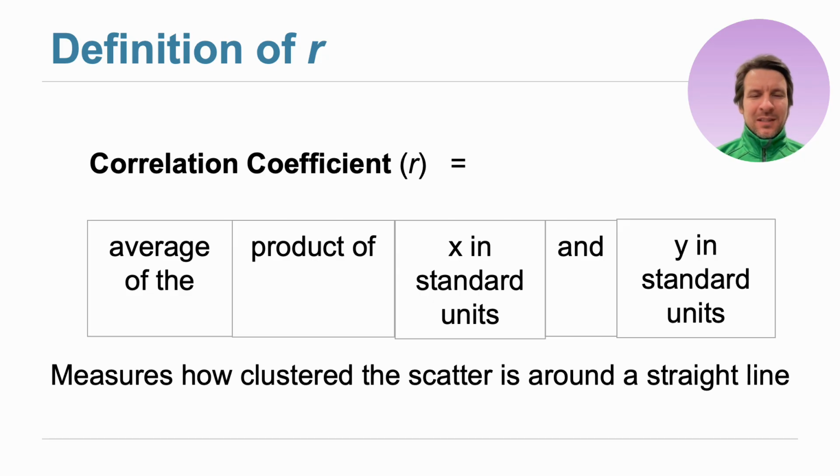Because the denominator there has a division by n, and here you take the average of the product, you also divide by n, and the n's cancel. So anyway, you can also think of the correlation coefficient as the average of the product of x in standard units and y in standard units. Okay? So maybe it's easier to remember.